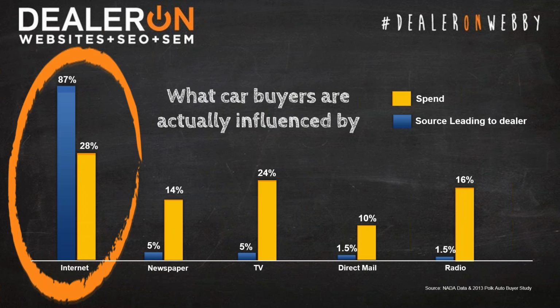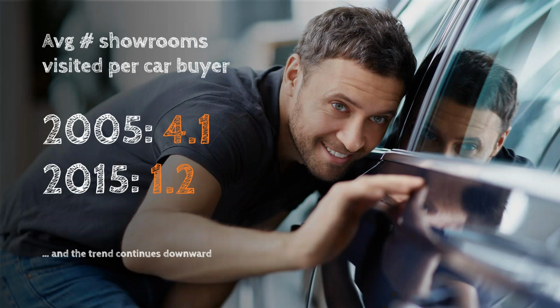So even though we are spending 70+% of our money on these traditional media channels, it doesn't matter where you're spending your money today. No one is coming to your dealership without going to your website first. So what becomes critical then is to understand that all of today's consumer shopping for cars is occurring online.